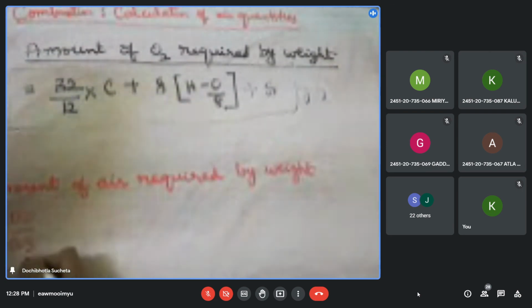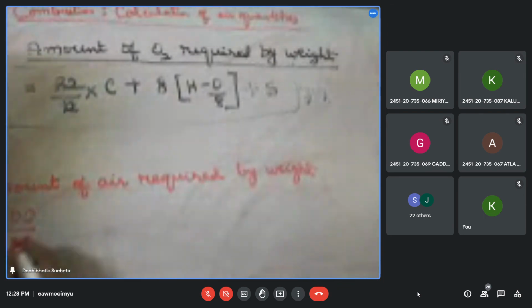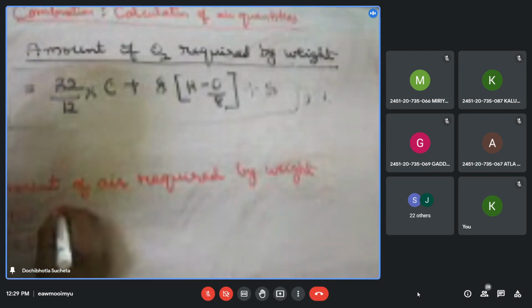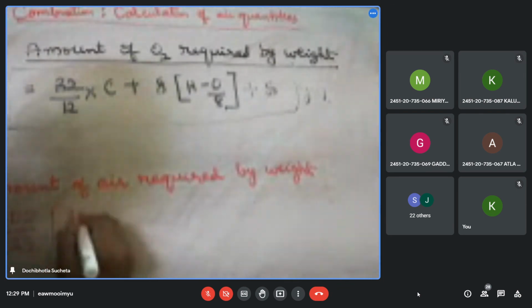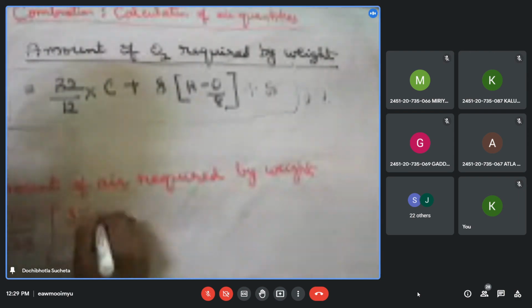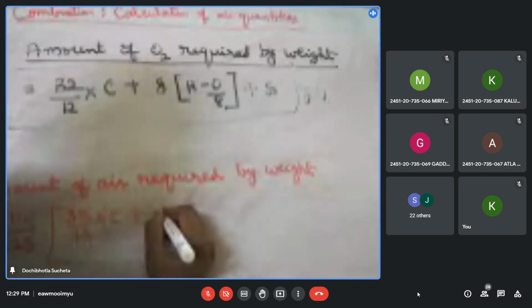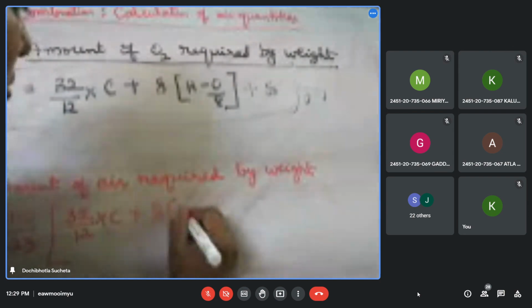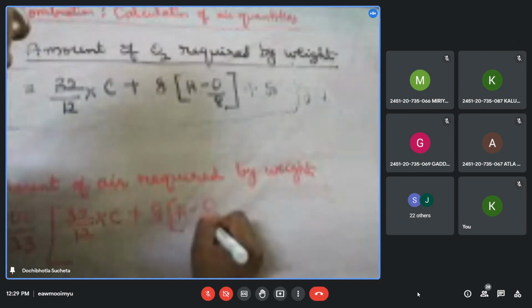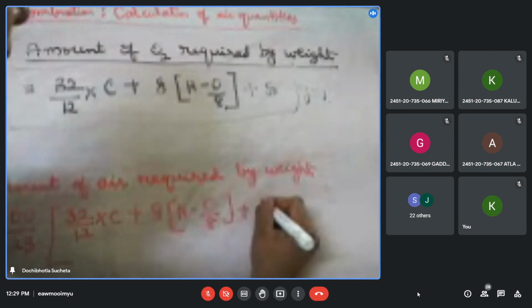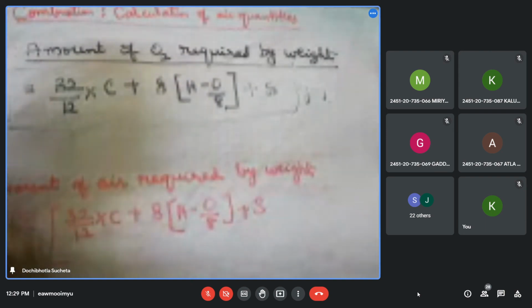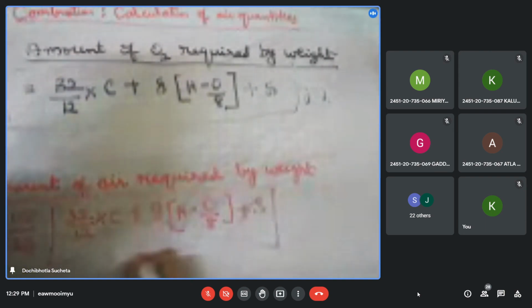I have to multiply it with 100 by 23. So for air, it is 100 by 23 into 32 by 12 into C plus 8 into H minus O by 8 plus capital S grams. I'll stop here.